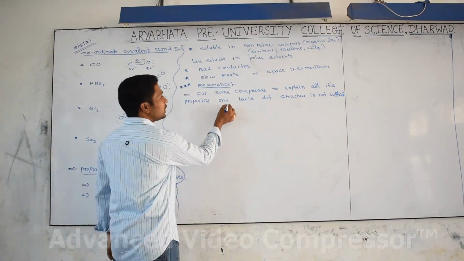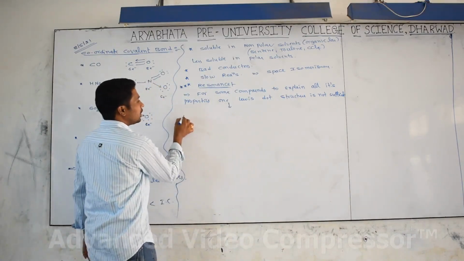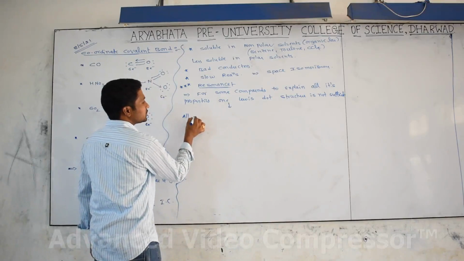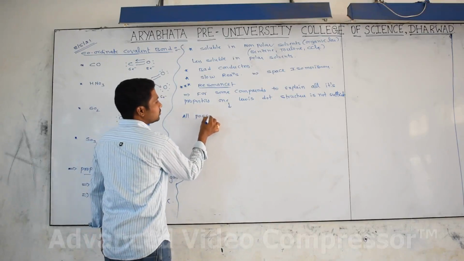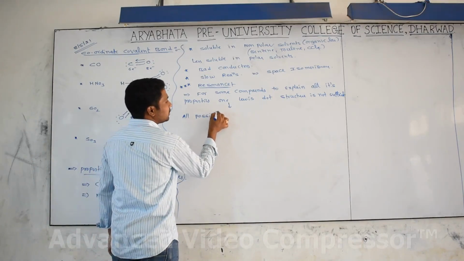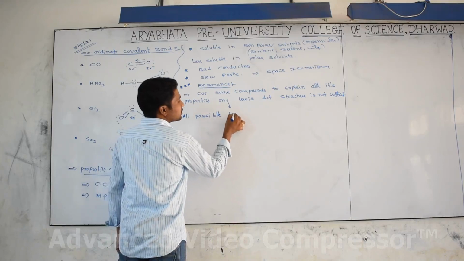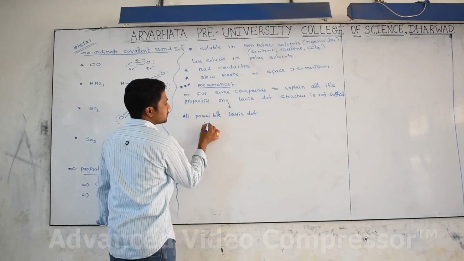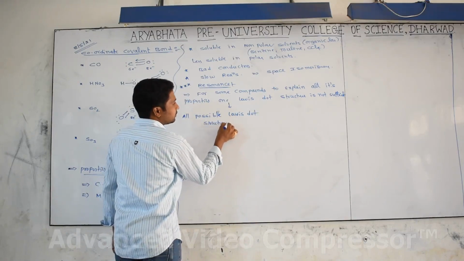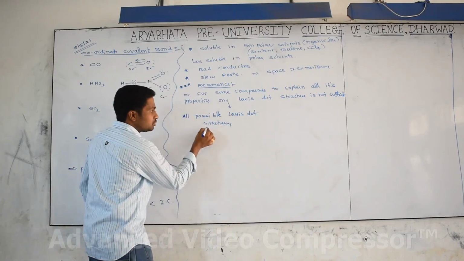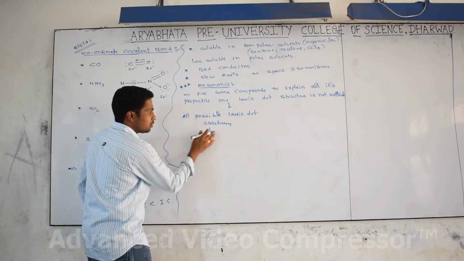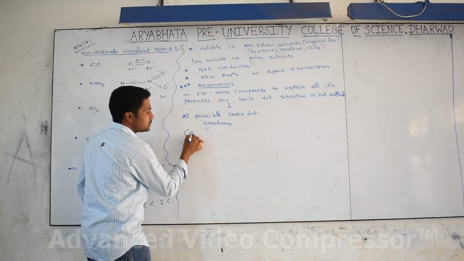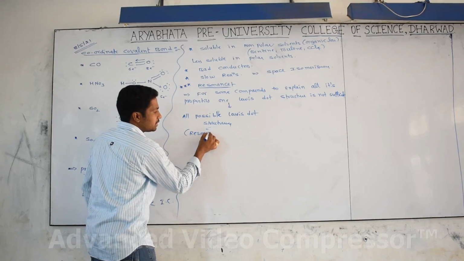Then what you have to do is write down all possible structures. We have to consider all possible Lewis dot structures.